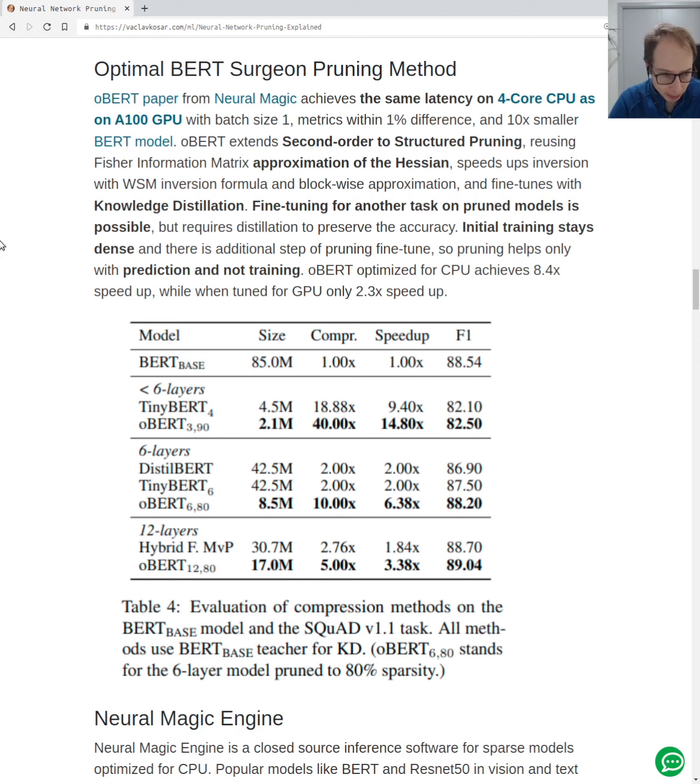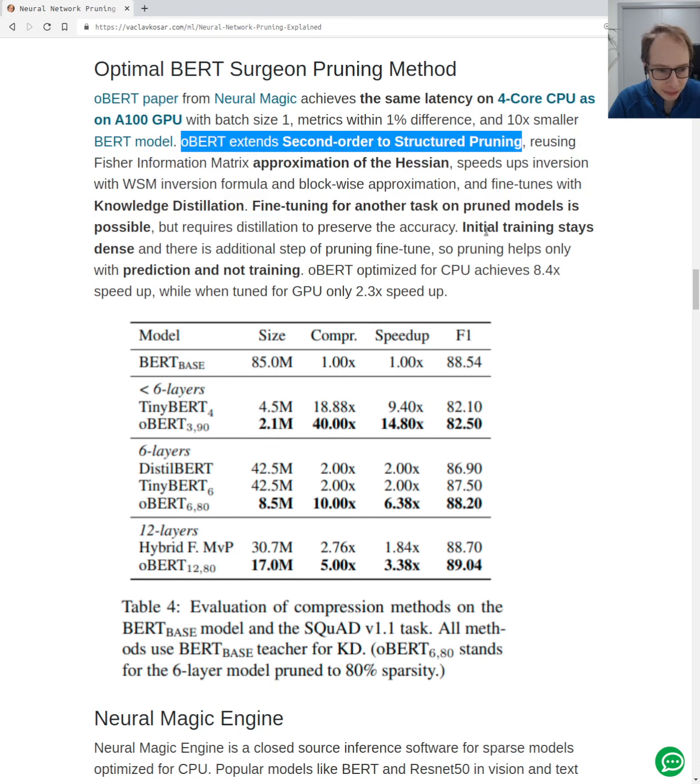So this Optimal BERT paper, which was published by Neural Magic company, achieves the same latency on a 4-core CPU as an A100 GPU with batch size 1. I haven't verified this claim, but apparently the accuracy metric just shows 1% difference, but with a 10 times smaller model.